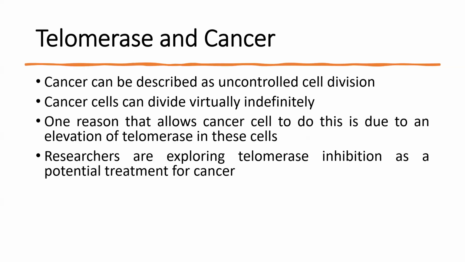If they could target the telomerase in the cancer cell, that would put the brakes back on. It would stop the cell from dividing and hopefully shrink the tumor. But of course, there are severe side effects, right? If we inhibit telomerase and don't do it in a way that's really specific, it might end up causing the person to not be able to have babies.